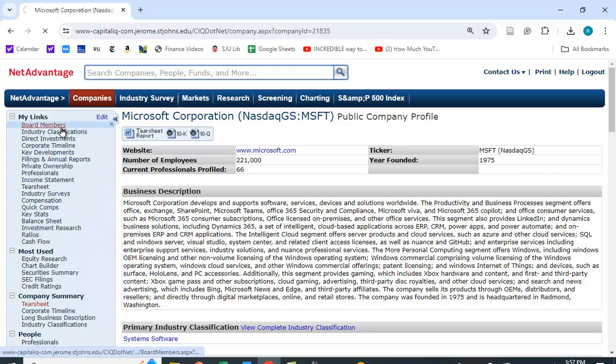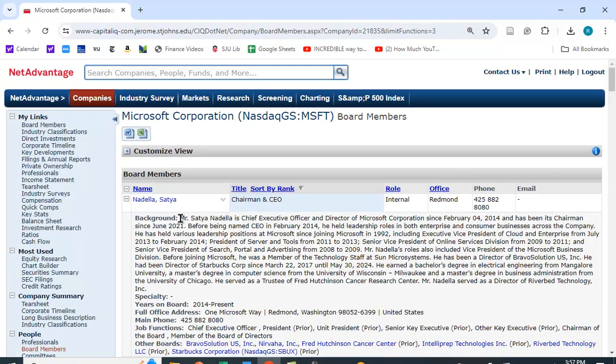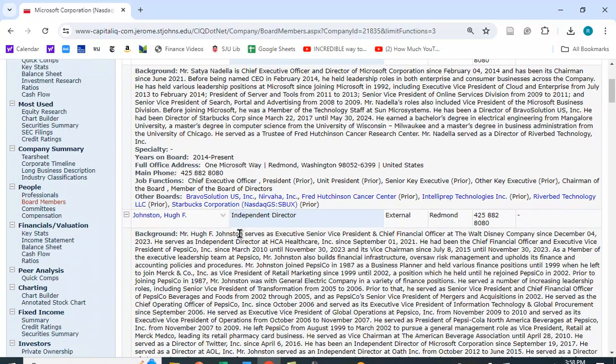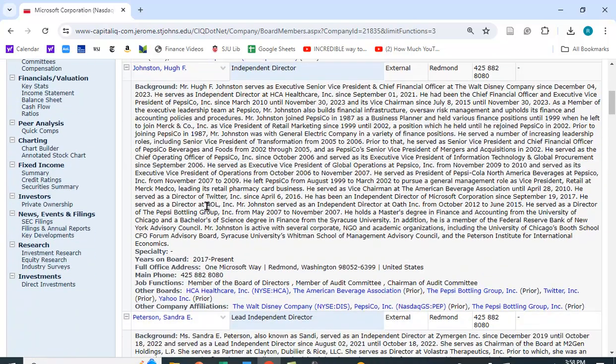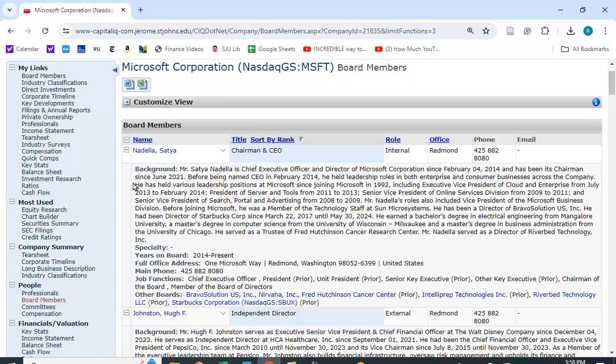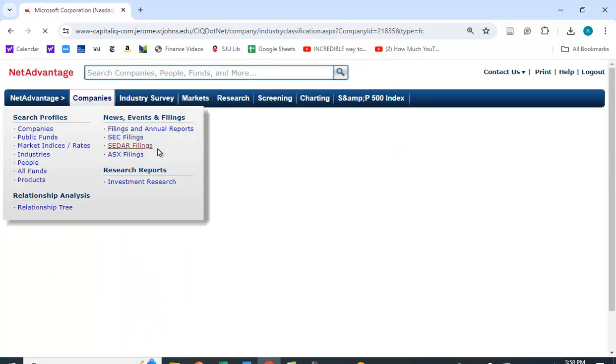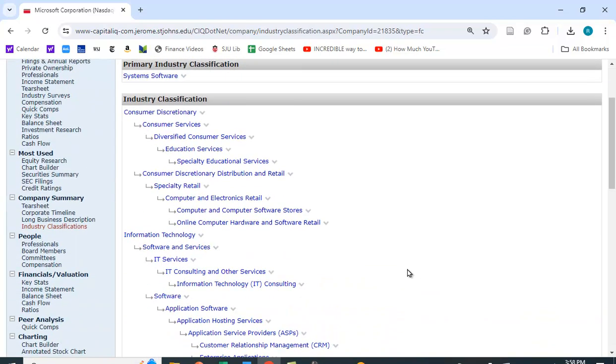You can find out information on board members. Okay, Satya Nadella is the chairman and CEO, and then you can find out information on some of these other directors and their backgrounds. Industry classifications, and here they are in different categories.